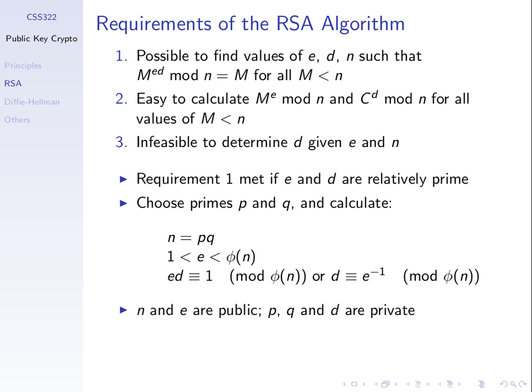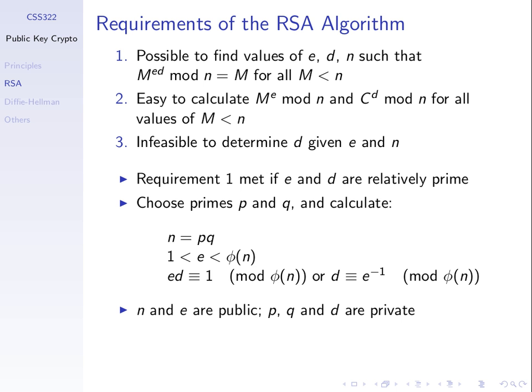That is, if we encrypt some message raised to the power of E times D mod n, we will get that original message out. Hence, we have the algorithm for generating keys in RSA. Choose two primes, multiply them together, calculate the totient of n, find E, which is relatively prime with the totient of n, and then find D, which is the multiplicative inverse of E in mod the totient of n.